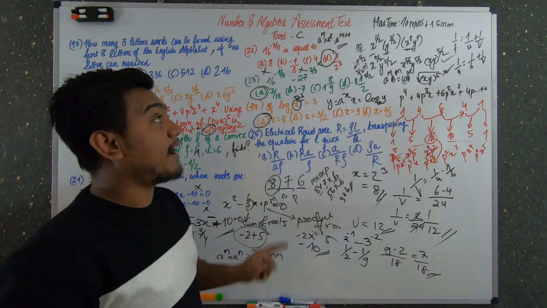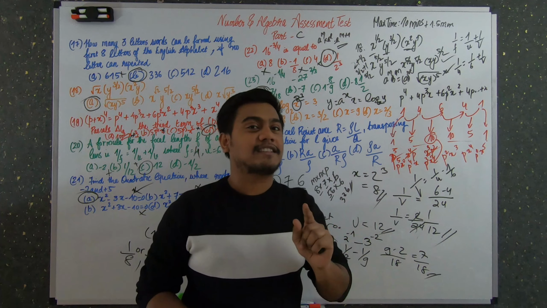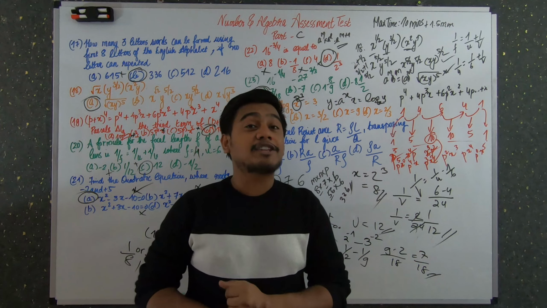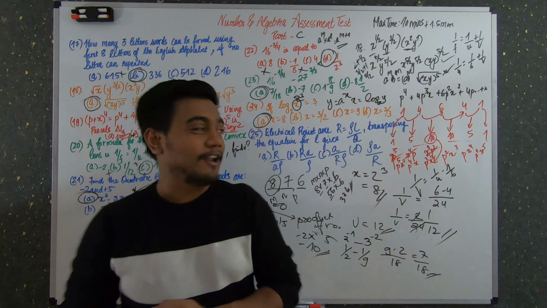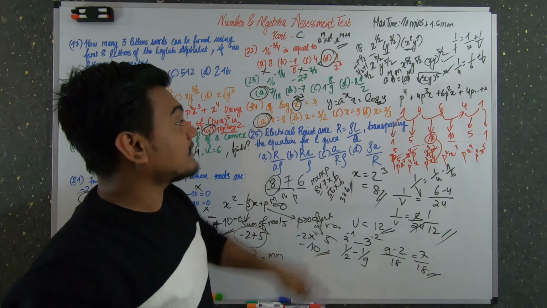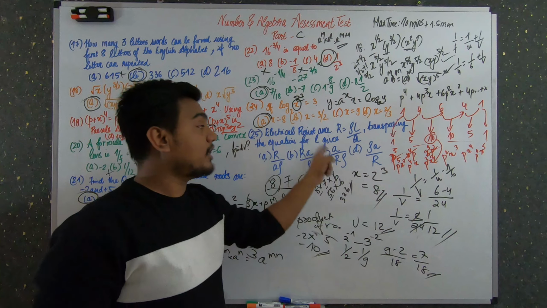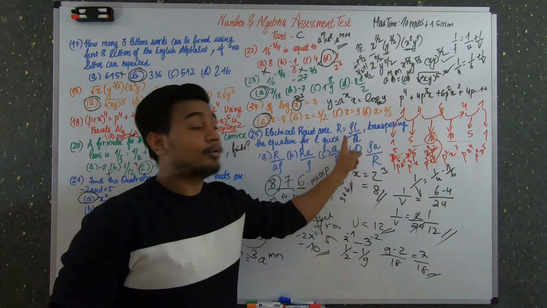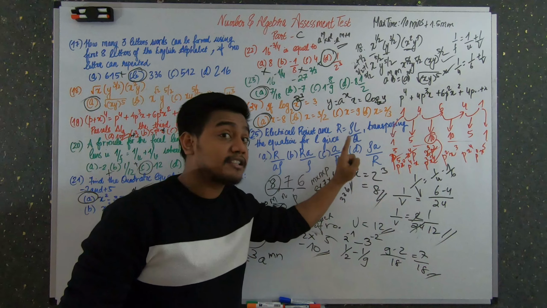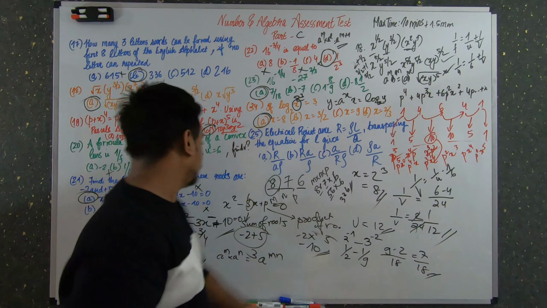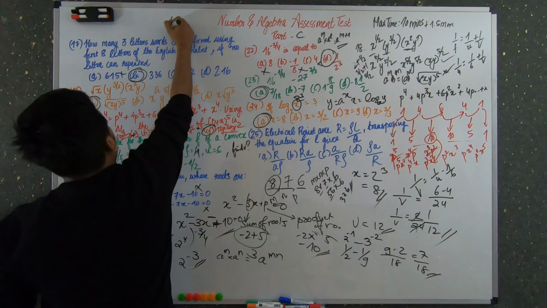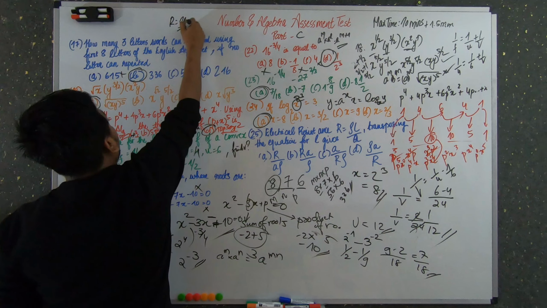Now the last and the final problem on the test assessment on number and algebra. This is based on transposition of formula. Electrical resistance R is equal to rho L by A. Transposing the equation for L gives. Now the equation is given in terms of R as subject. Now we have to make L as subject. So R is equal to rho L by A, right?